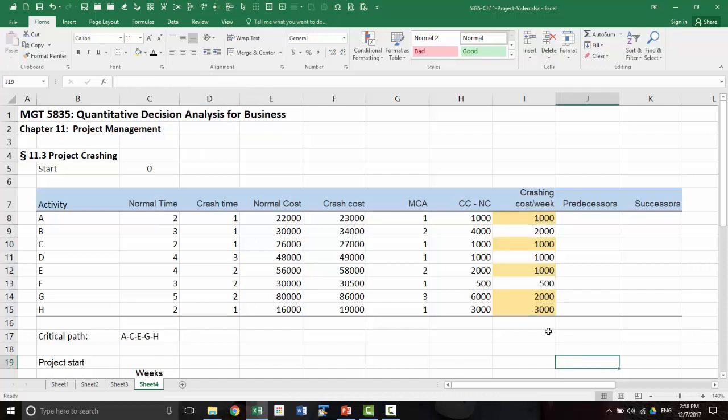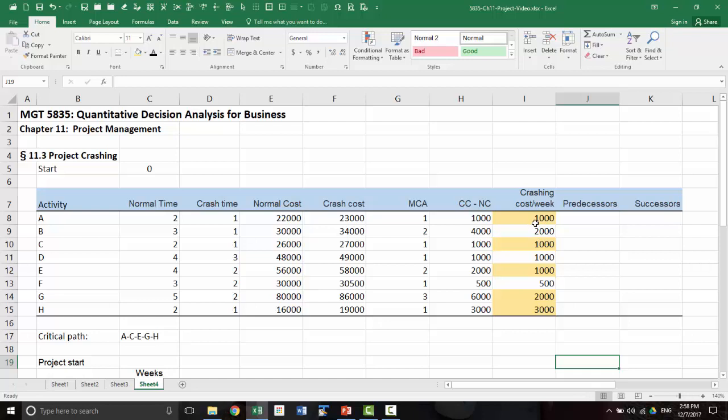So these are the critical activities. We have to look at the least cost activity of the critical activities along the critical path. So here there are 3 activities with $1,000. That's the cheapest cost, and there are 3 activities. So you can select any one of these 3 to crash.